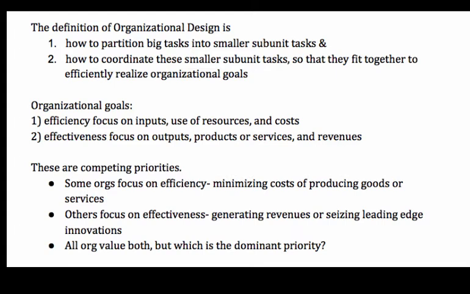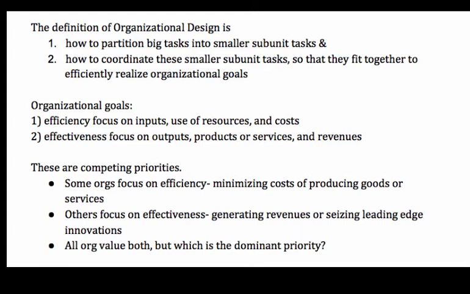First of all, the definition of organizational design is broken up into two different components. The first component deals with effectiveness. It is talking about how we can partition the large tasks of an organization into smaller tasks that individual employees or experts in an area can complete.